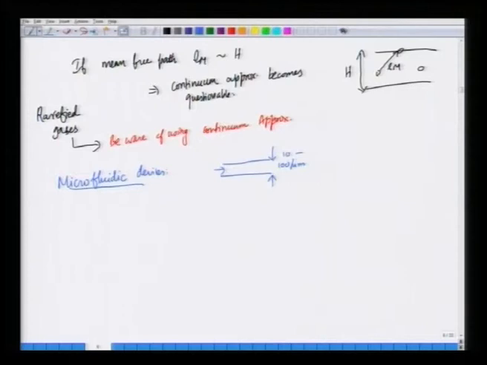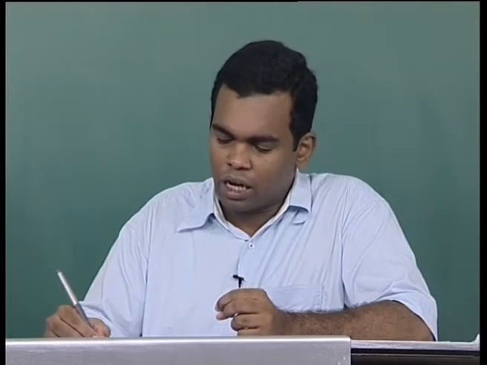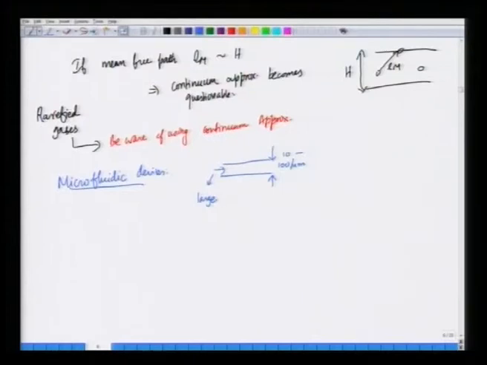If the fluid which is flowing is comprised of molecules which are not small, if the fluid itself has large molecules like polymeric molecules, then the molecular dimension becomes comparable to the channel dimensions, the channel width. So again the use of the continuum approximation becomes questionable.